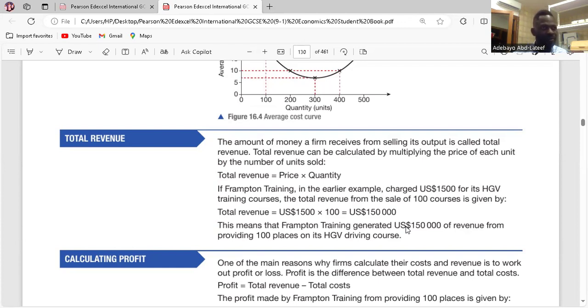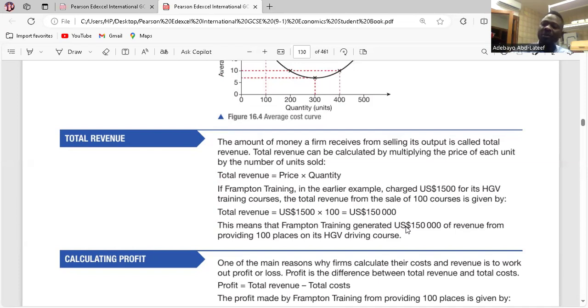So when total cost is incurred, total revenue must be achieved. Total cost is clear, FC plus VC, or TFC plus TVC. Therefore, total revenue is the amount of money you receive in the course of selling the product that you have produced.